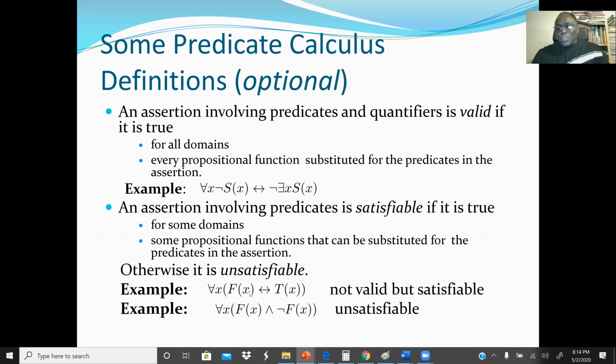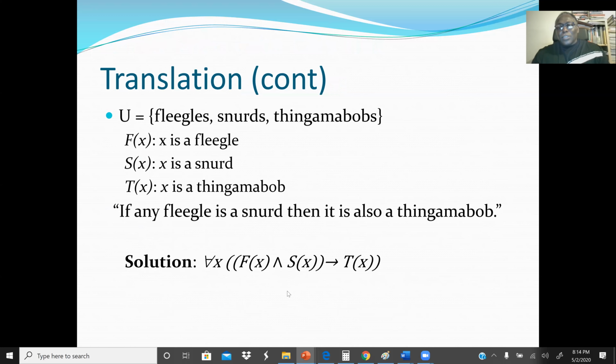F(x) and S(x) implies T(x). If any frigo is a snot, so F(x) and S(x), then it implies T(x).